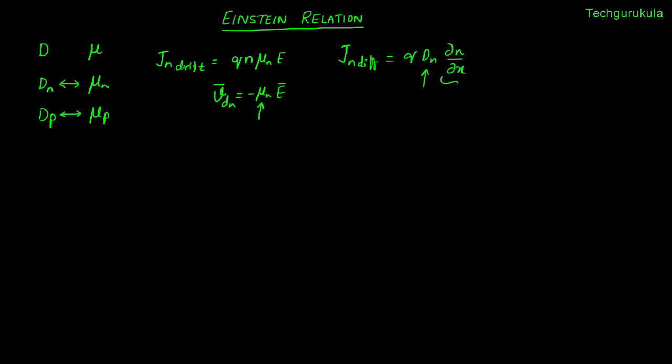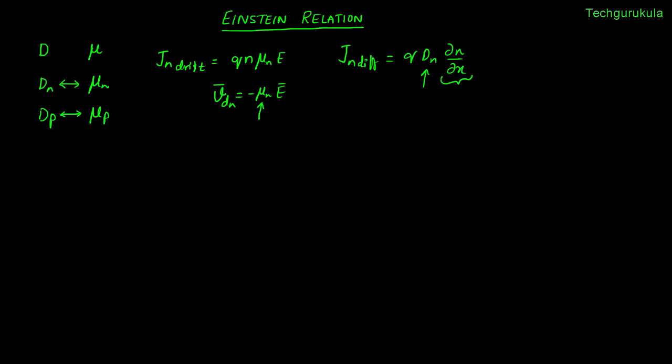For a given concentration gradient ∂n/∂x, if Dn is smaller, then the current would be smaller, because the rate at which the carriers flow depends on Dn, under no applied electric field, only because of the carrier concentration gradient. So Dn tells us the ease with which electrons move inside the semiconductor under no electric field, just the concentration gradient.